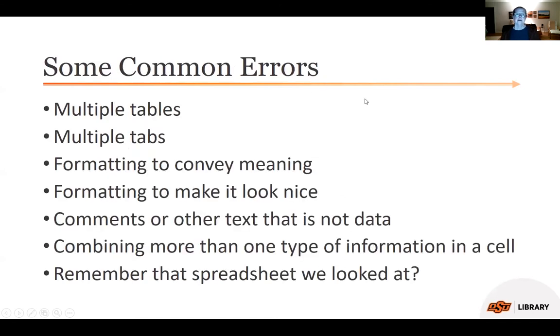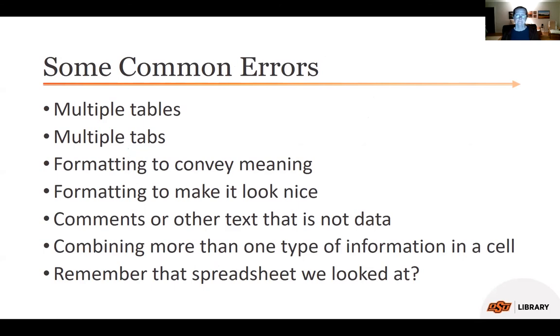Some things that are very commonly done in error with spreadsheets are the following. I'd like you to think back to that very nice spreadsheet that we looked at the start of the lesson, because it demonstrates several of these, including the multiple tables.